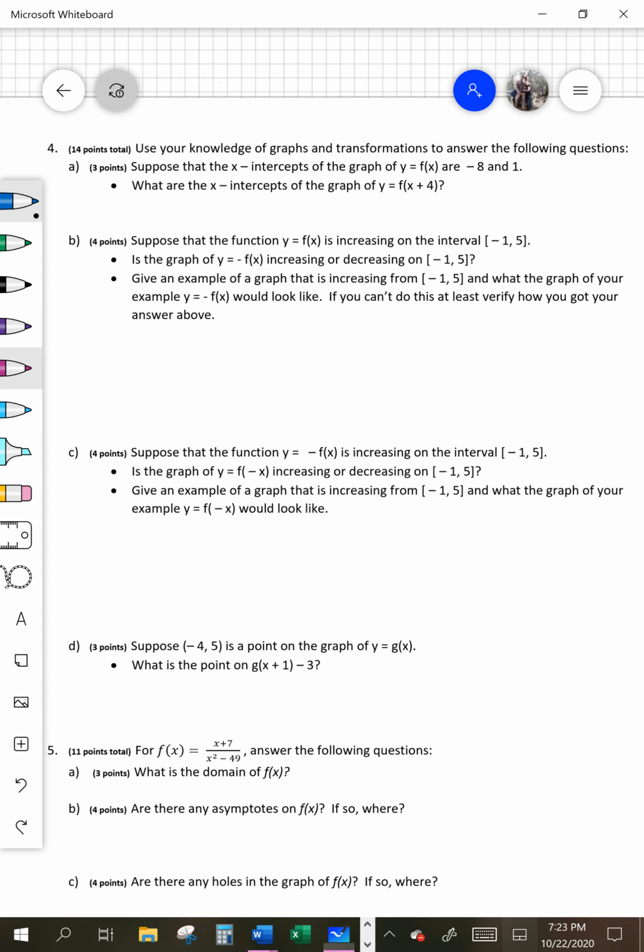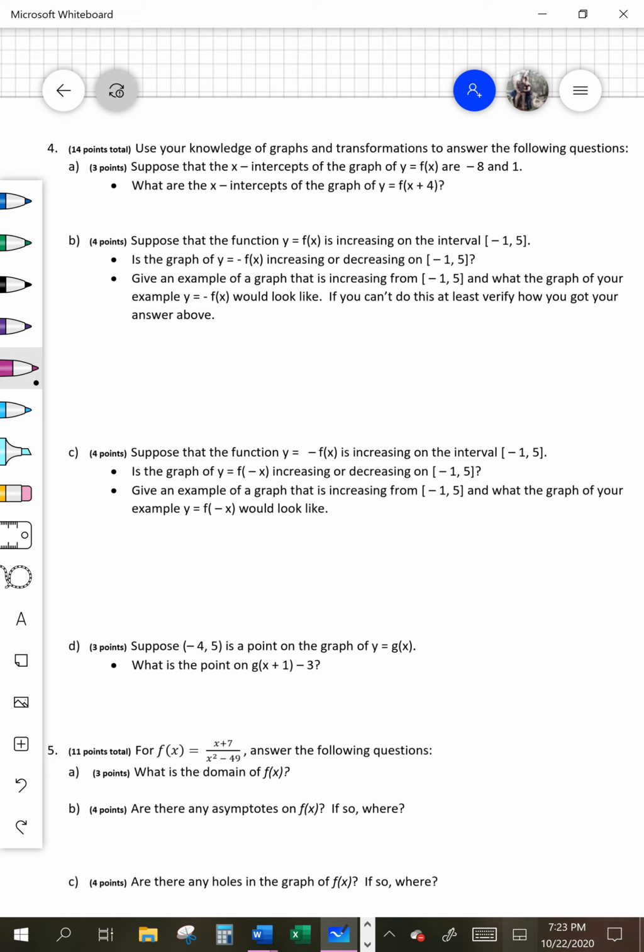And so it depends on where that plus 4 is. If it's inside the parentheses, recall that this changes it horizontally, whereas if the plus 4 was outside of the parentheses, if it had been f of x, plus 4, that would have shifted it vertically. And so the plus 4 here, it's actually opposite of what we thought.